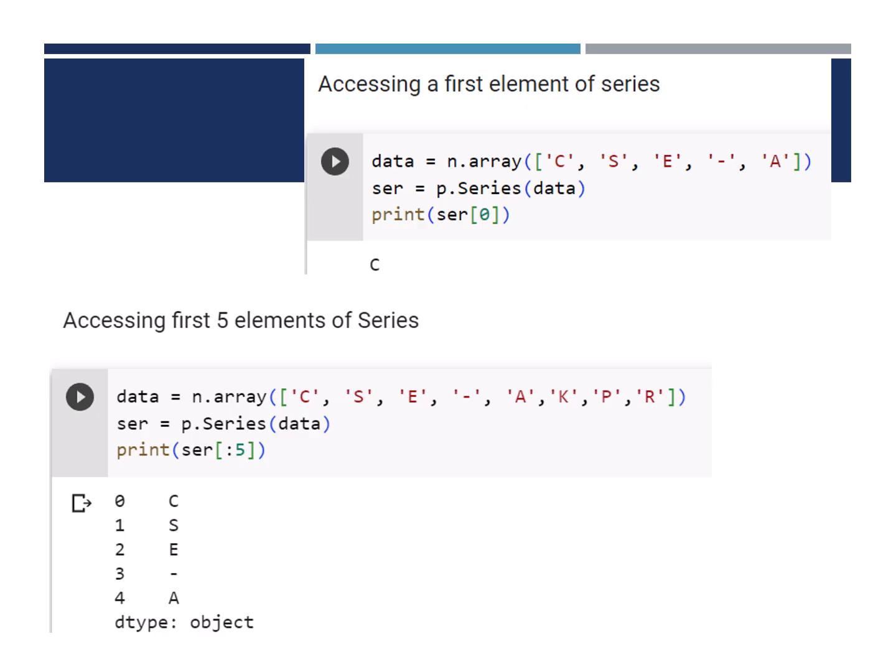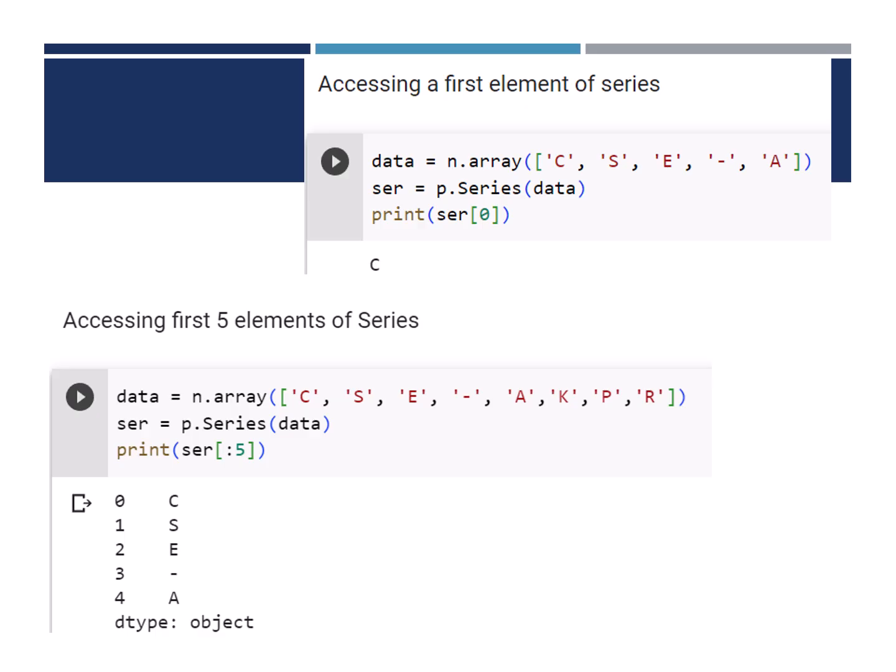So ser equal to p dot series of data, and from this series the first element has to be accessed. So print of ser of 0. The 0 refers to the index value, and whatever data item is available at that index can be accessed.